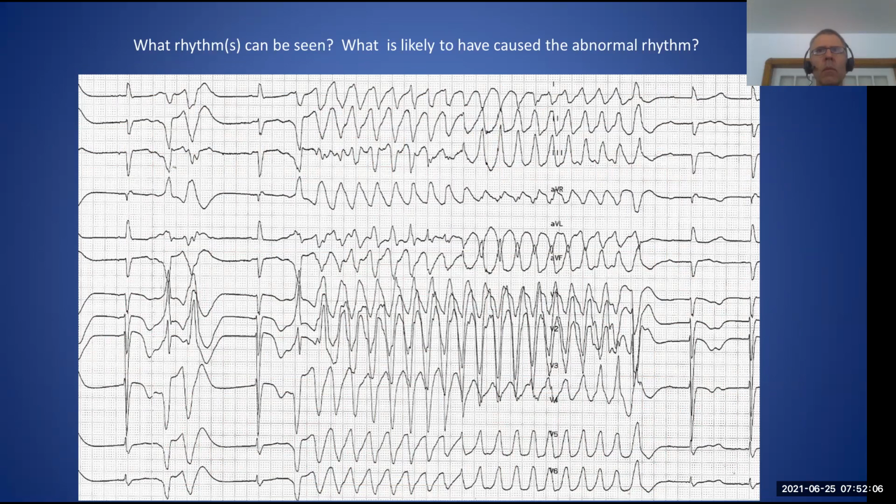Yep. So I was a bit confused when I was initially doing the homework, because I wasn't able to see P waves until I looked at leads V1 to V6. And I wasn't sure if those were P waves or if they were T waves that were kind of notched. Are you talking about this little bit here? Like the one after it.